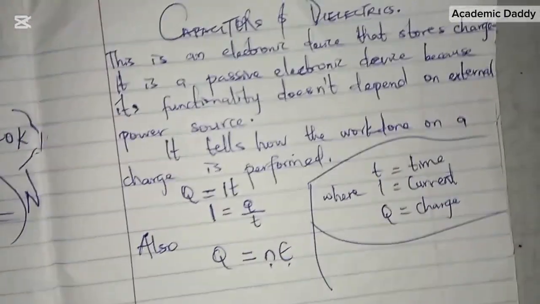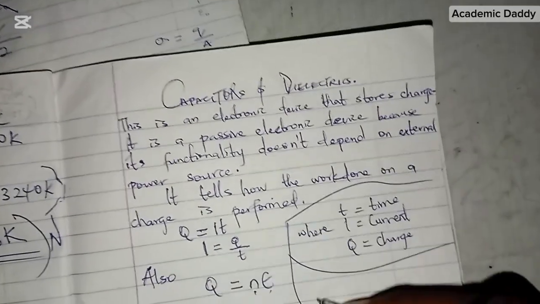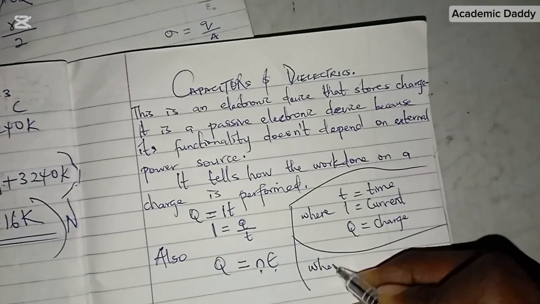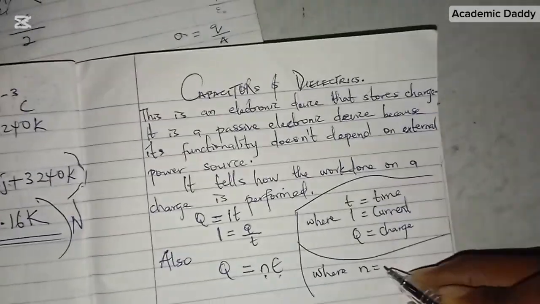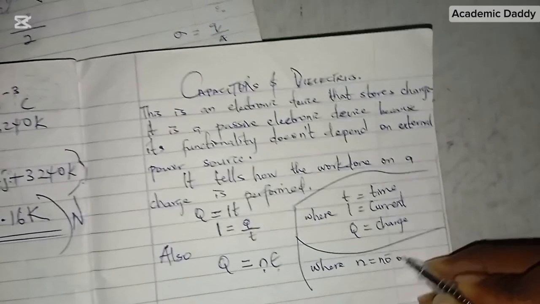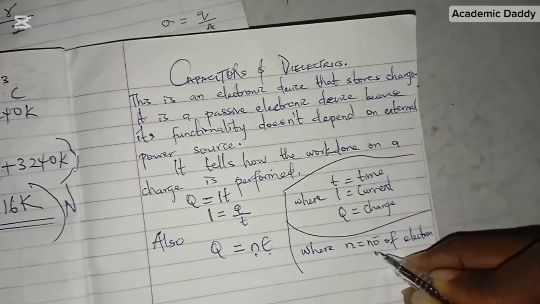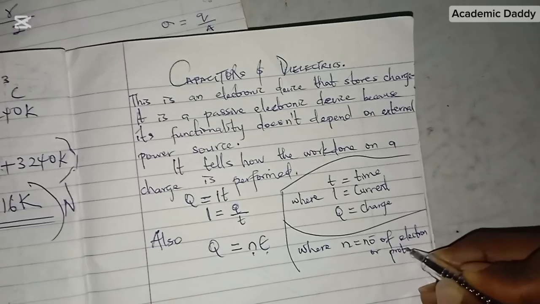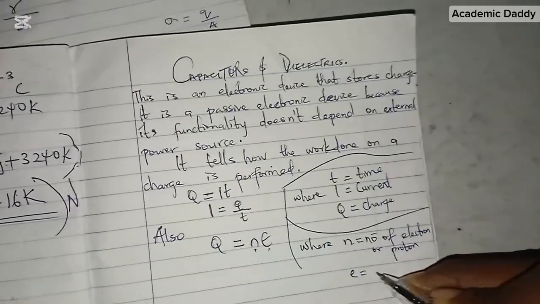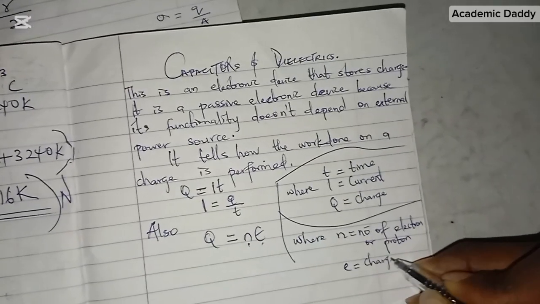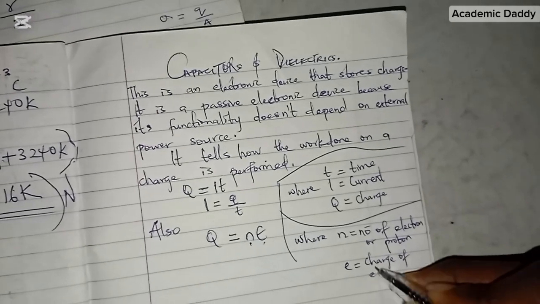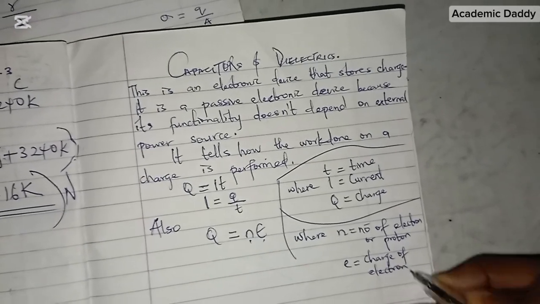Then on the second part, you can note where N equals to number of electron or proton and E equals to charge of electron. So can be also charge of proton.